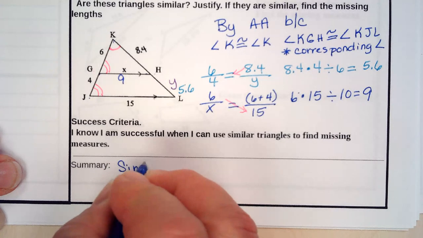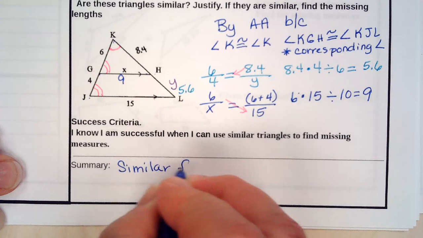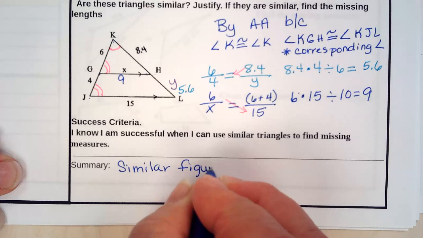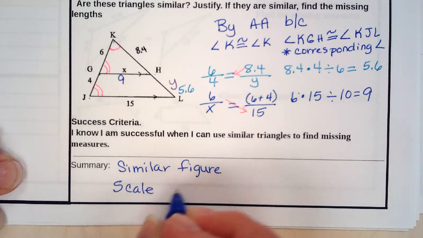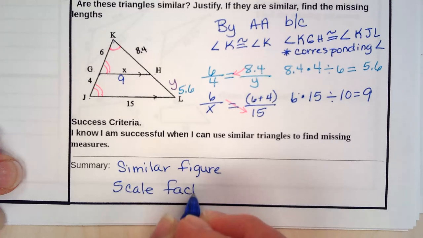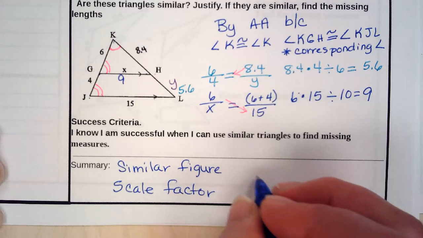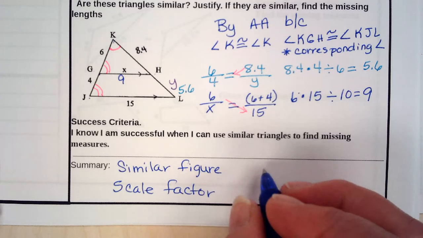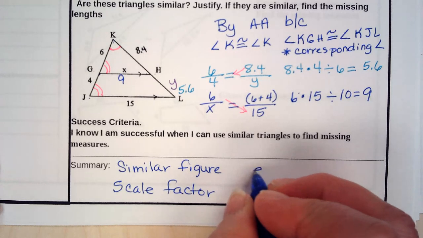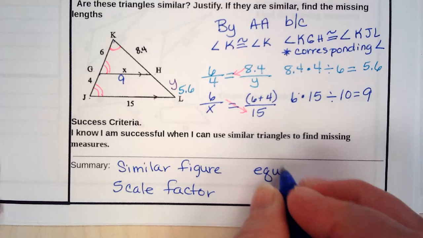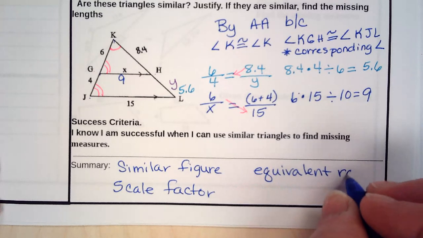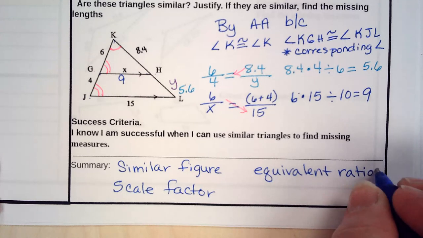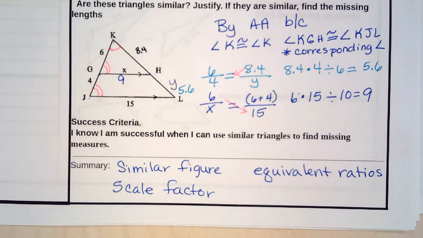So we did similar figures, scale factor, and what was the last thing we did? Equivalent ratios. That's what proportional means, equivalent ratios.